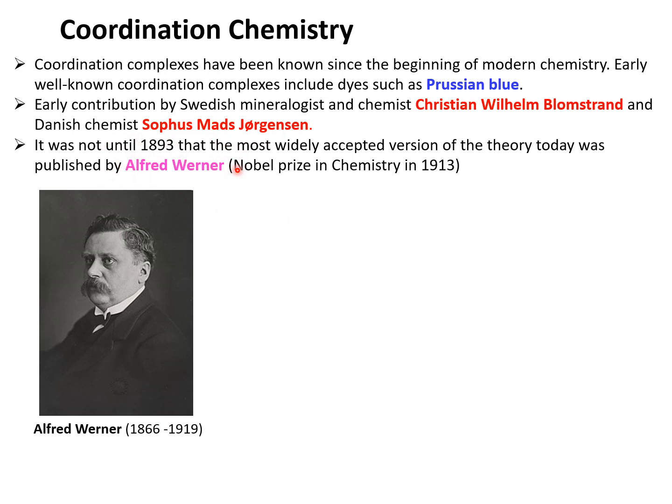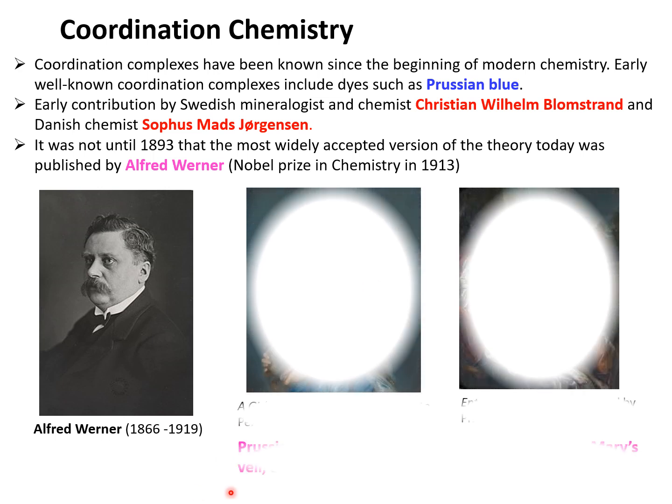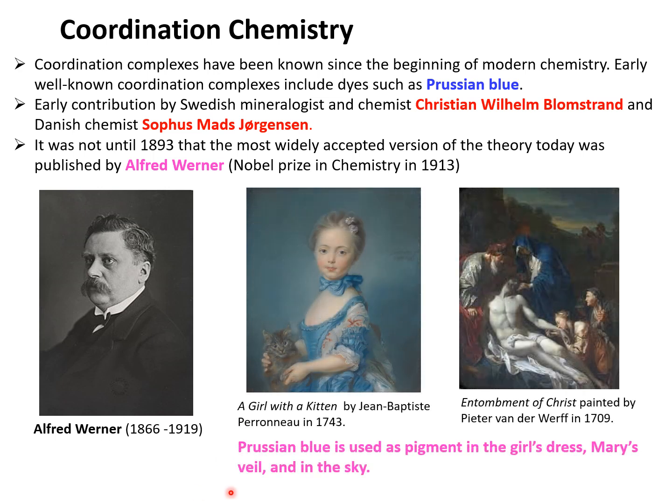It was not until 1893 that the most widely accepted version of the theory today was published by Alfred Werner, the Nobel Prize winner in chemistry in 1913. Prussian blue is used as a pigment in the girl's dress, Mary's veil, and in the sky.